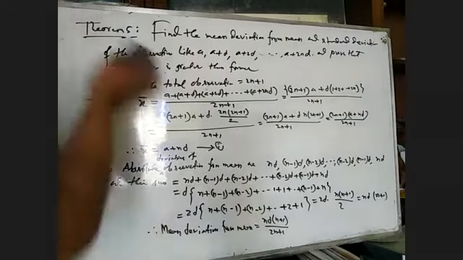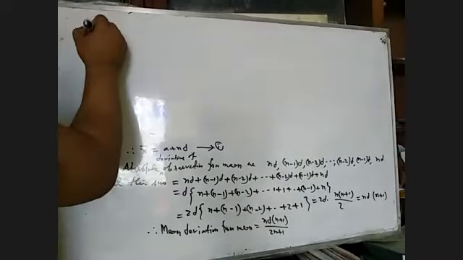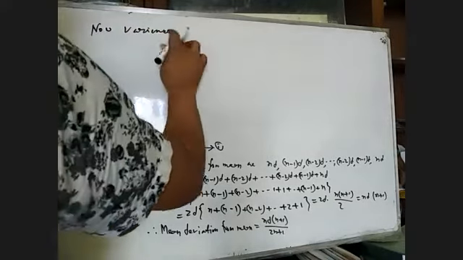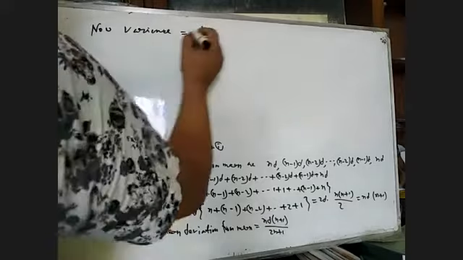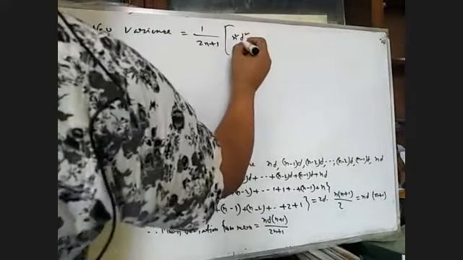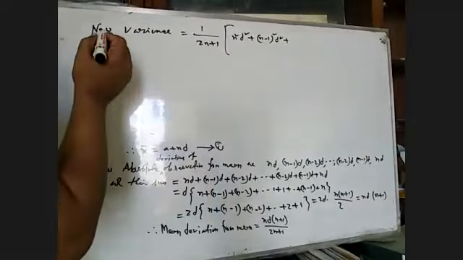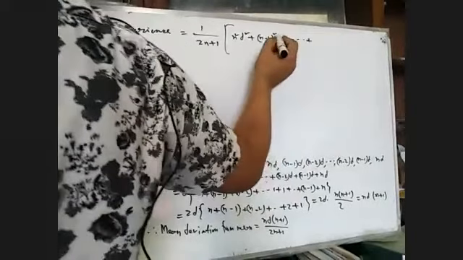Now variance. Now variance equals to what will be? 1 by twice n plus 1, n square d square plus n minus 1 square d square plus dot dot plus n minus 1 square d square plus n square d square.